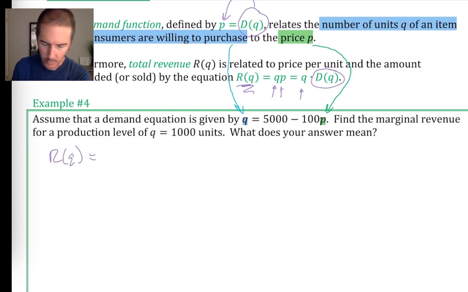Remember that revenue is equal to Q times P, and our price is determined by the demand function.